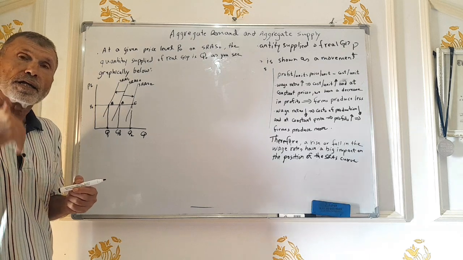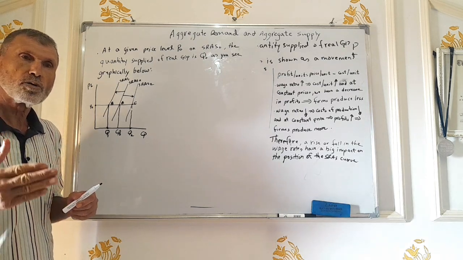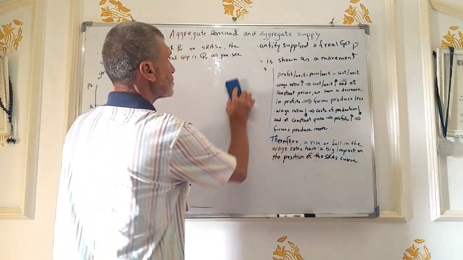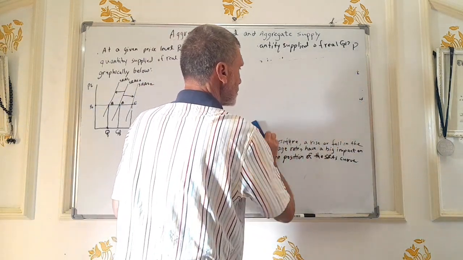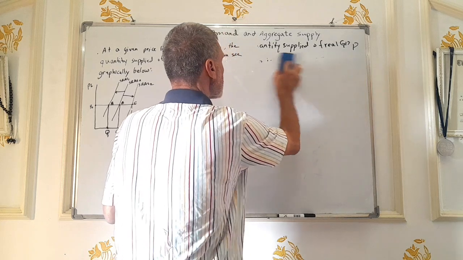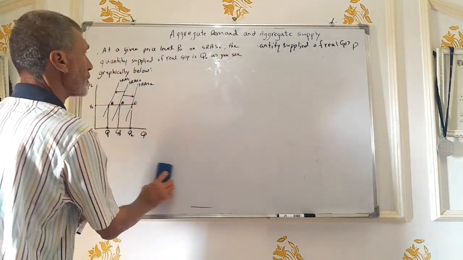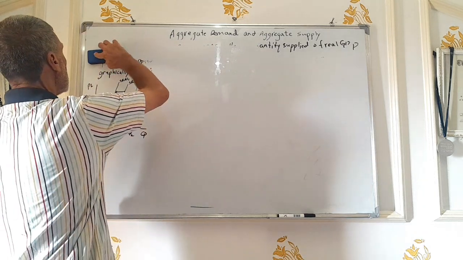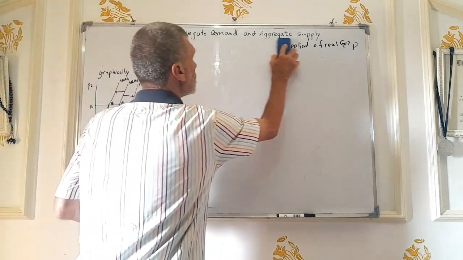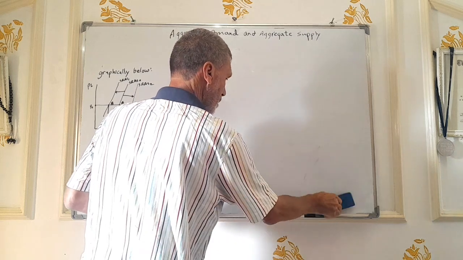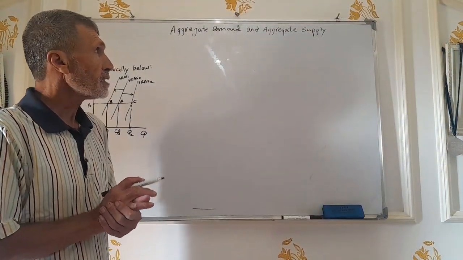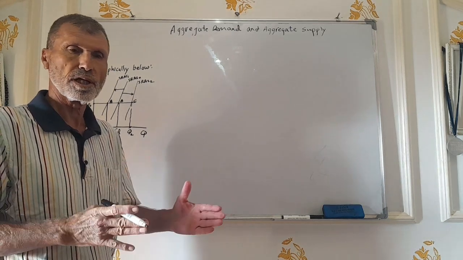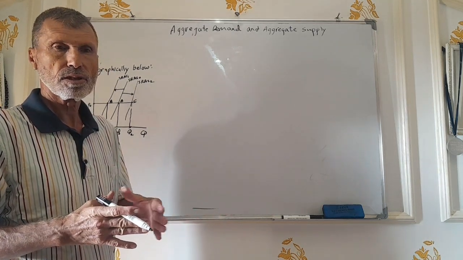Now let's look at another factor that also causes a change in the short-run aggregate supply curve. The second factor that can shift the short-run aggregate supply, either to the right or to the left, is, of course, productivity.